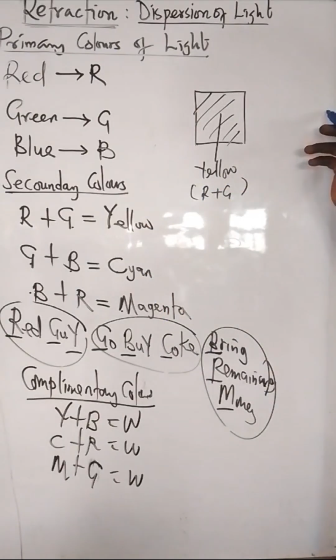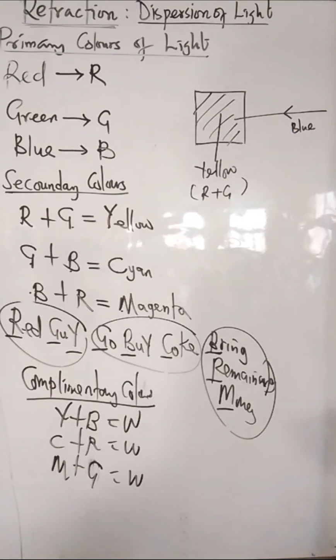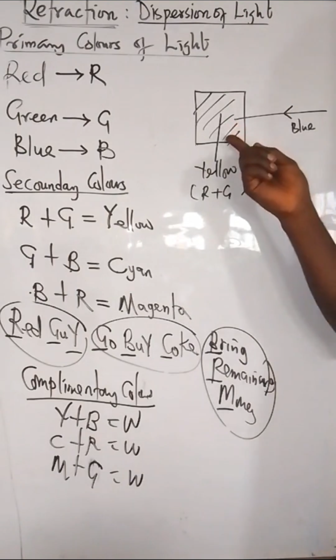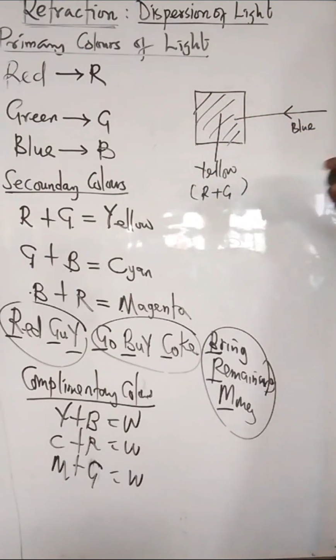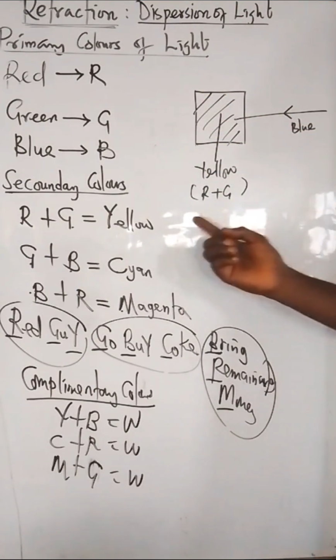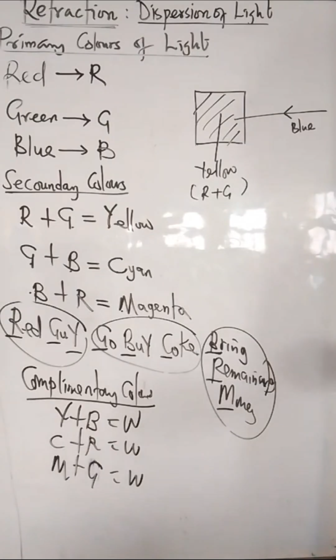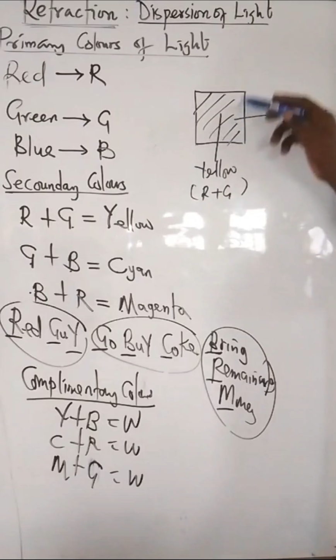So if light falls on it, suppose we have blue light falling on it, what happens is this yellow card can only reflect red and green. It will absorb every other color. So when this blue falls on it, it will absorb it, and it will emit nothing. So this appears to be what? To be black.